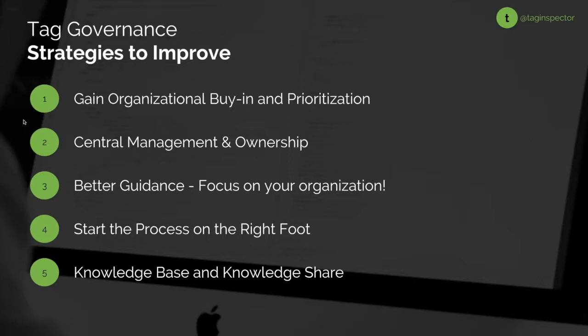So 1, I need to gain organizational buy-in and prioritization. The biggest reason why a lot of sites are in the current state that they are when it comes to tag architecture, tag deployment, and tag governance is because there hasn't been a lot of organizational buy-in and prioritization. The organization is interested in the platforms that are being deployed because that's what's fun. That's what's tied into the overall organizational objectives and our KPIs.